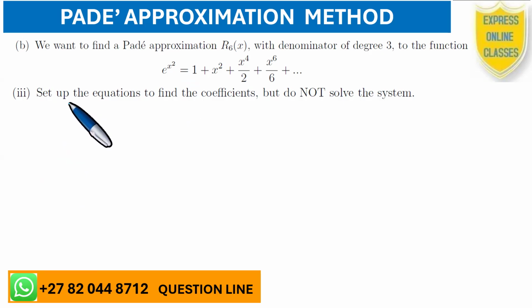This is the instruction: set up the equations to find the coefficients, but do not solve the system. Just set up the equations to find the coefficients. That's all, and then you're done. e to the power x squared minus R6 of x.